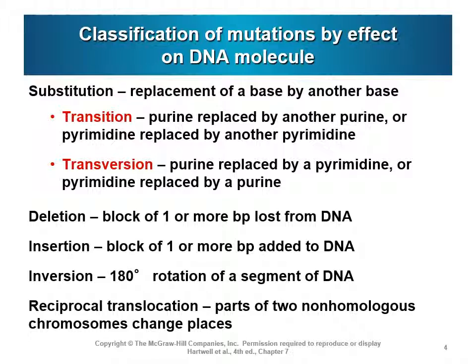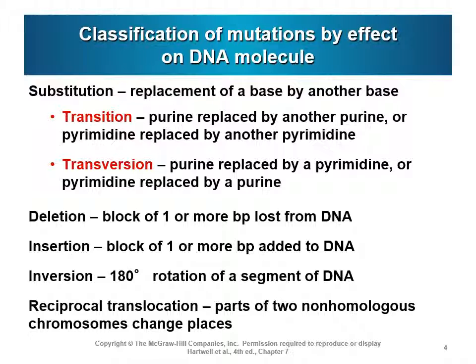Now let's talk about the 4 most common types of mutations that exist. One is substitution, another is deletion, the third one is insertion, and the fourth one is inversion. Now let's talk about all of this more in depth and try to understand the differences.